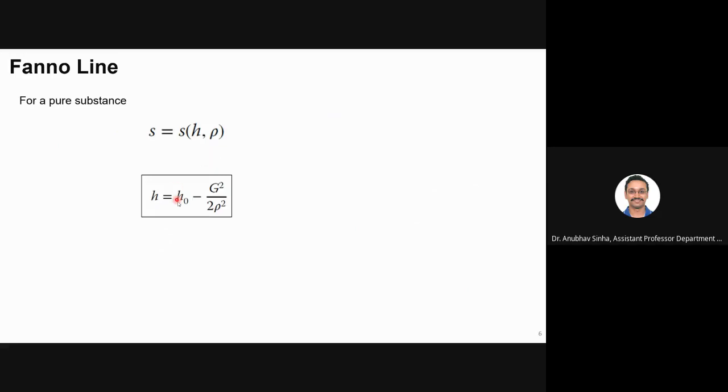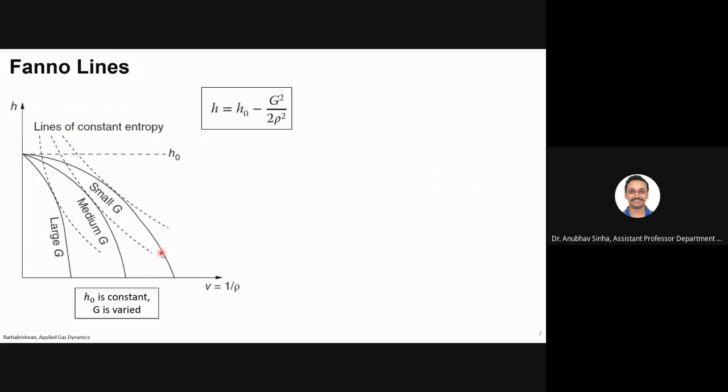So now instead of drawing in terms of H and rho, I can draw in terms of H and S. This is what we had in terms of H and rho, or volume. Now instead, I will draw in terms of H and S. So this is how it will look.